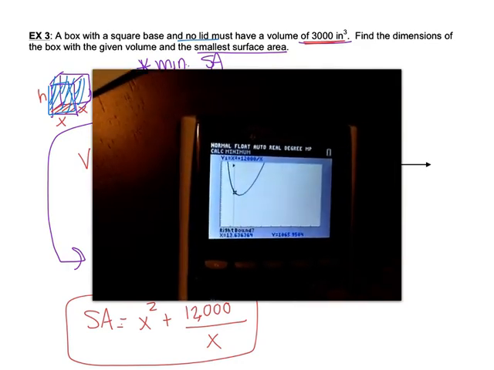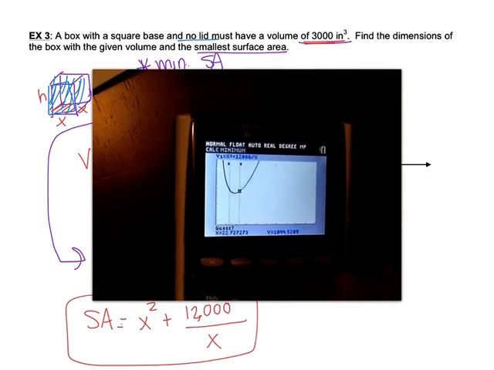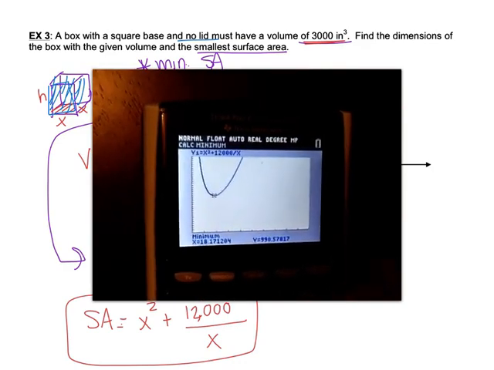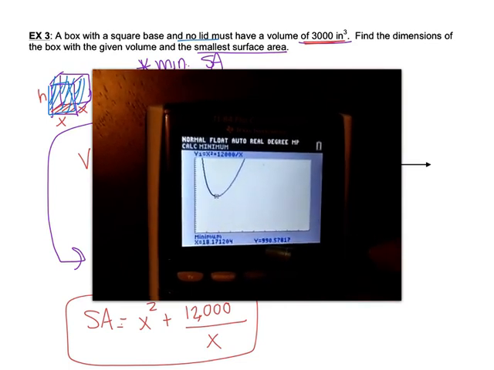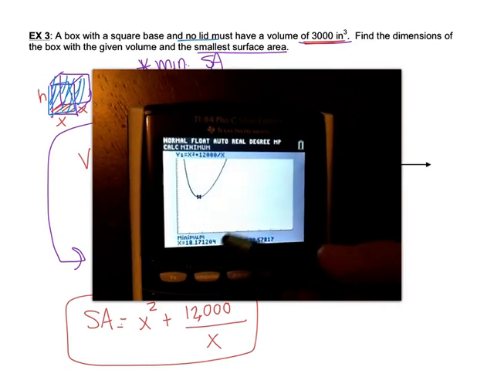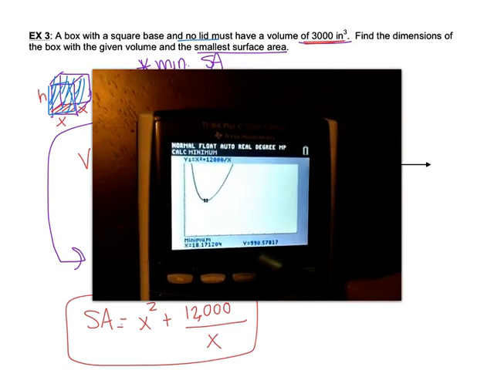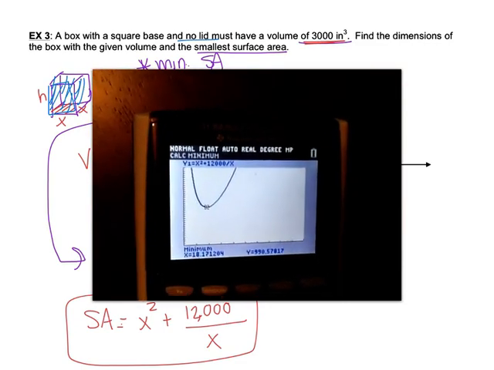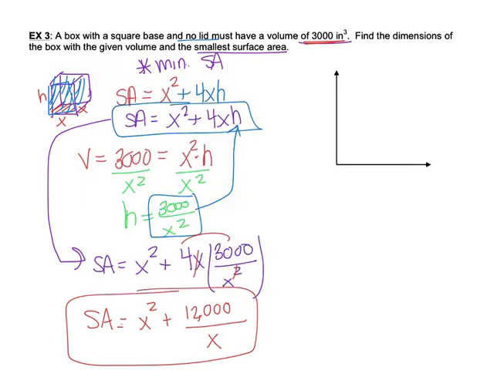Okay. Find your minimum. So 18.2 is the x value where our minimum of 990.6 occurs. Remember, that is the minimum surface area for this box. All right, so I'm going to sketch a quick graph.